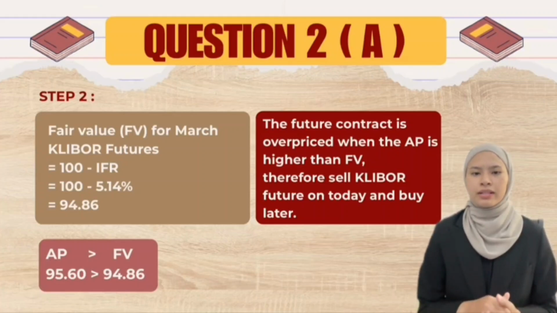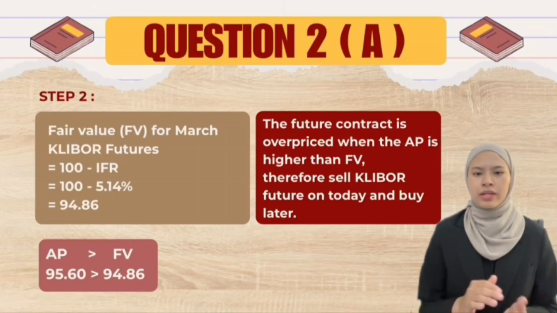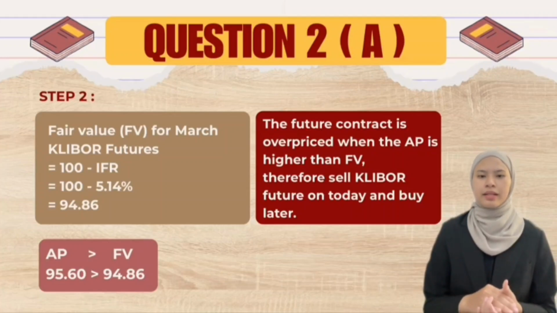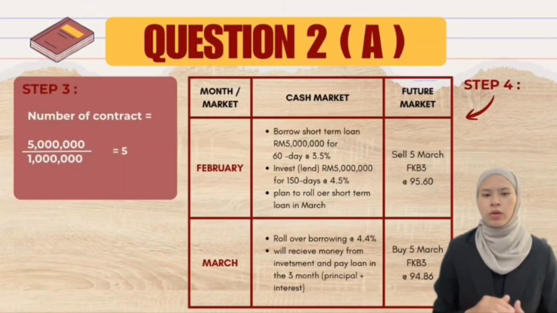Then we compare this fair value with the actual futures price. The market futures price is 95.6%, while the fair value is only 94.86%. The dealer can borrow and lend a total of 5 million ringgit, and since each CLIBOR futures contract has a notional value of 1 million ringgit, the dealer needs to trade 5 futures contracts.